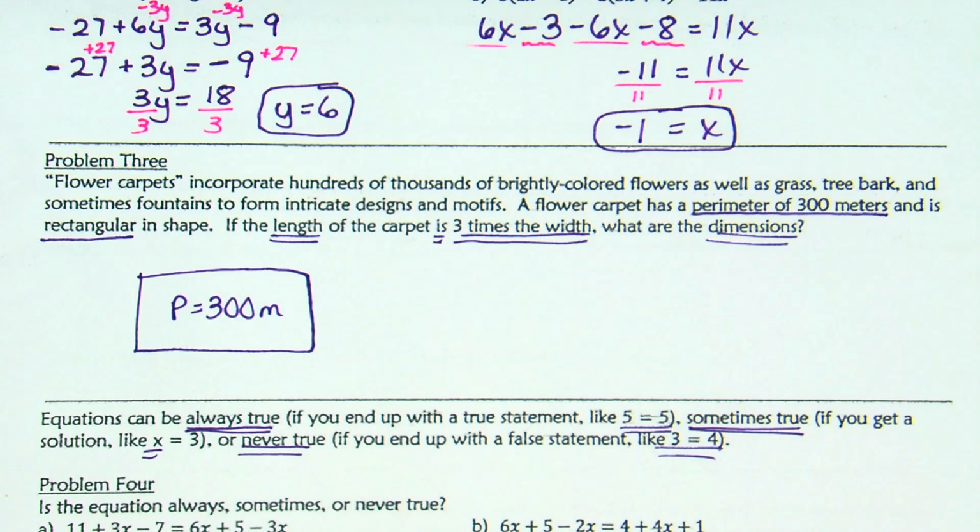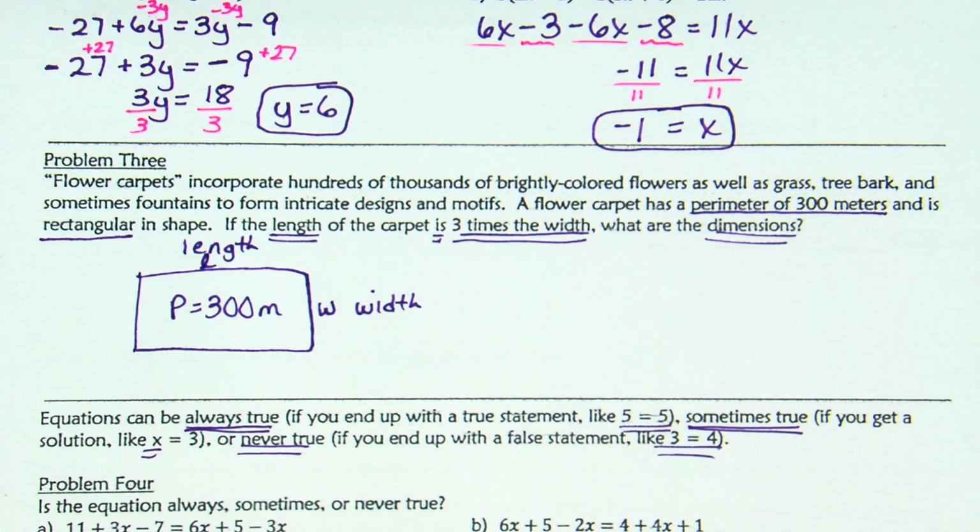However, if we set up an equation using L and W, we have 2 variables, and that makes it harder to solve. So, go back right here. What does it say? The length of the carpet is 3 times the width. So what's that mean?